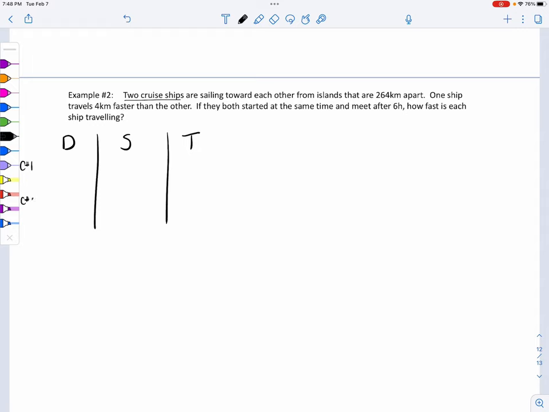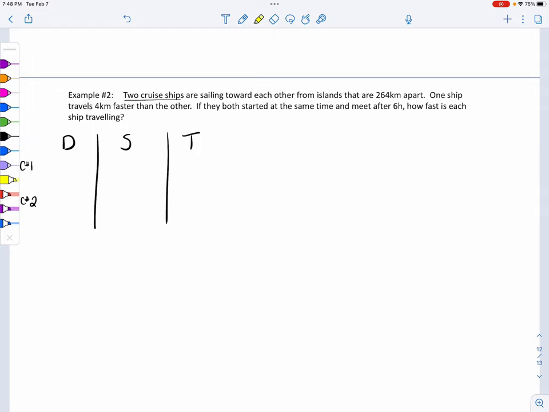And this down here could be what I know about cruise ship number 2. What do I know? I know that they're 264 kilometers apart. One is traveling 4 kilometers faster than the other. And if they both started at the same time and meet after 6 hours, how fast is each ship traveling?